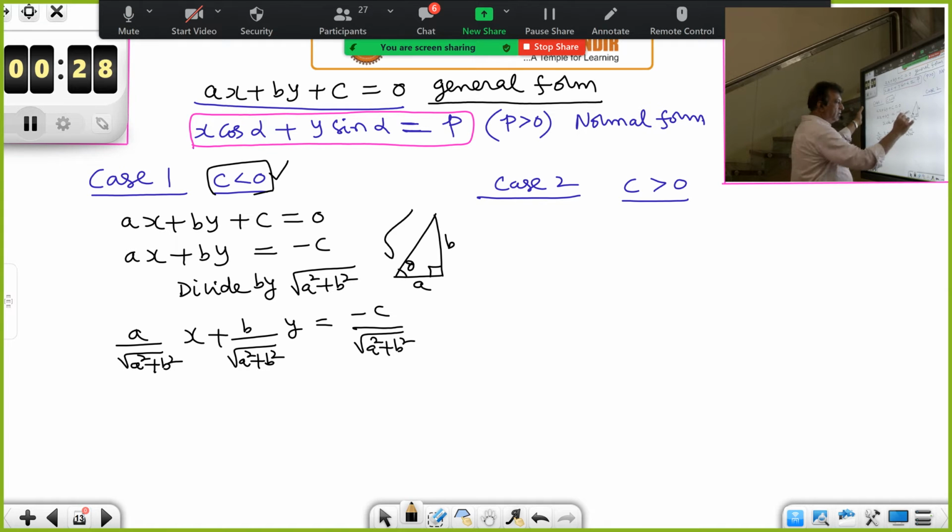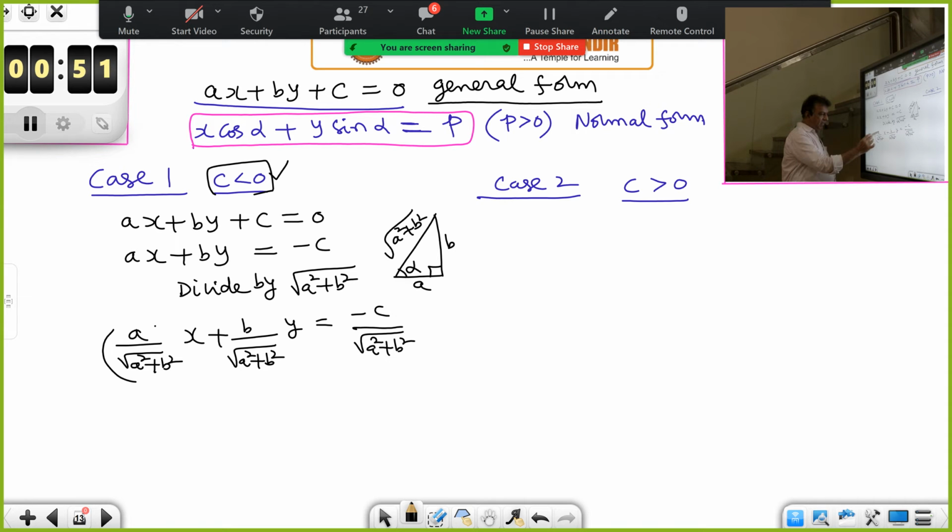Root over a square plus b square. So, now what is cos theta from the diagram? Let us take that angle as not theta but alpha. Okay, what is cos alpha, Madhuri? A by root over a square plus b square.